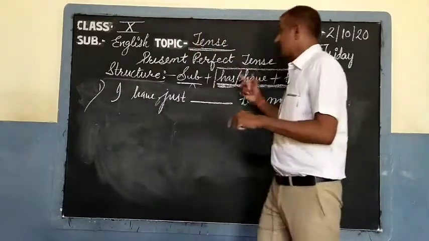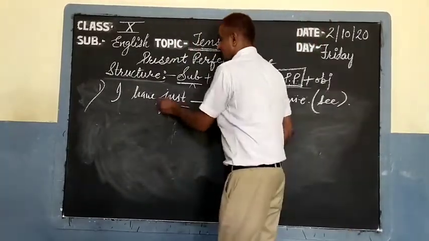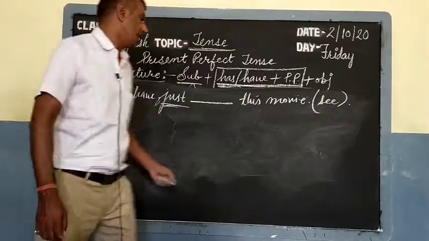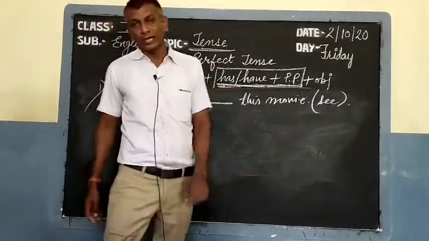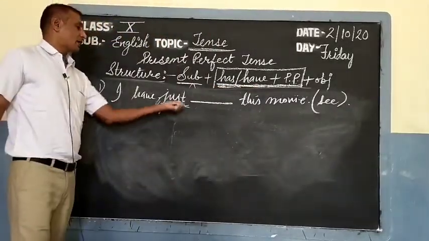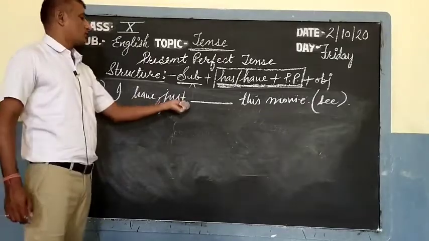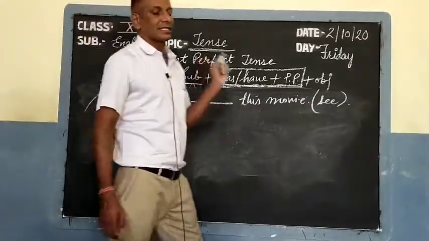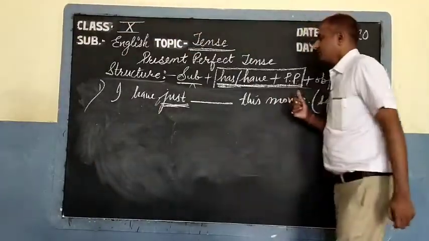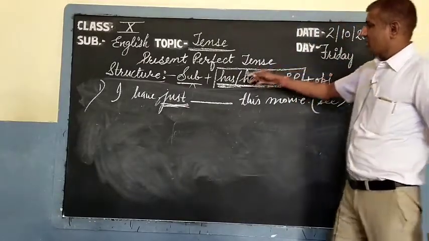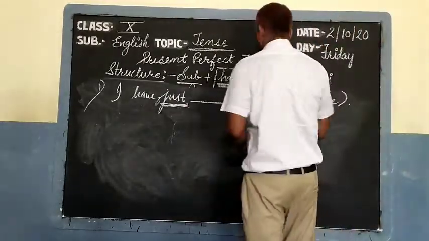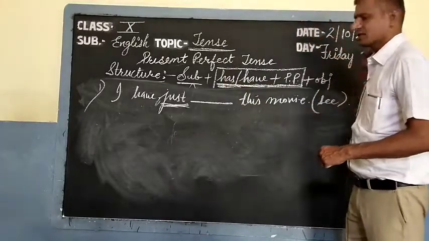In present perfect tense, it comes after has or have. If you see just after has or have, the sentence will be present perfect according to this structure.